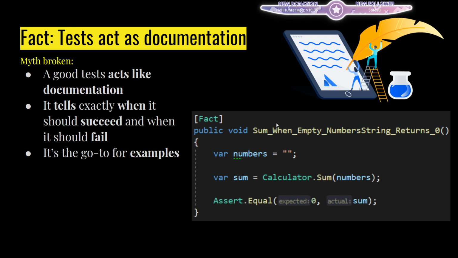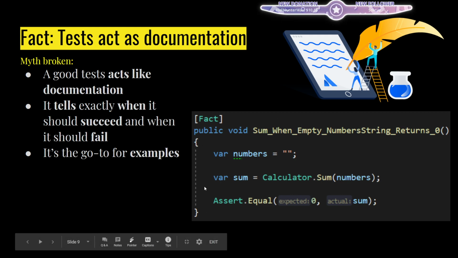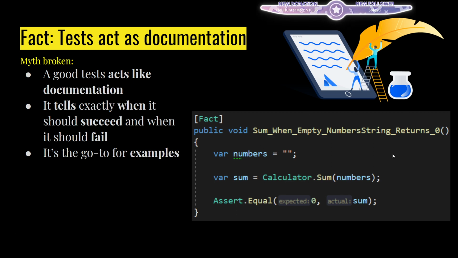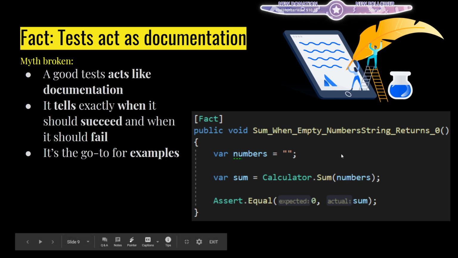And my test name, if I collapse this test body, explains what I'm testing. It says sum when empty number string returns 0. So sum is what I call, when is what I pass, and returns 0 is what I expect. And I have those 3 steps, arrange, act, assert, in my test, and it's represented in the name.